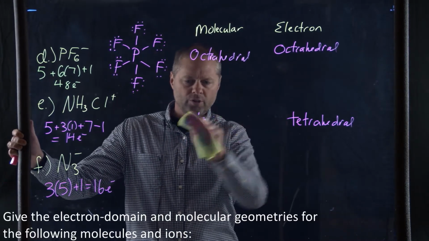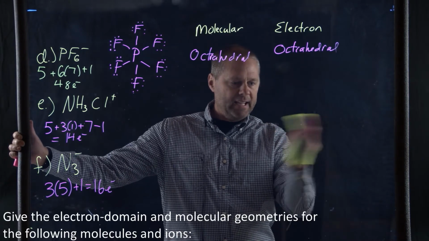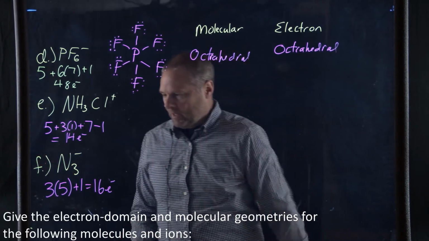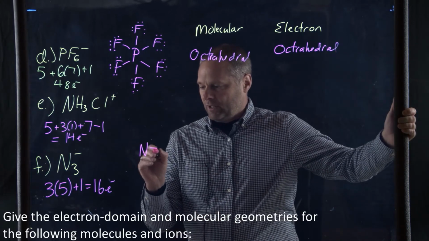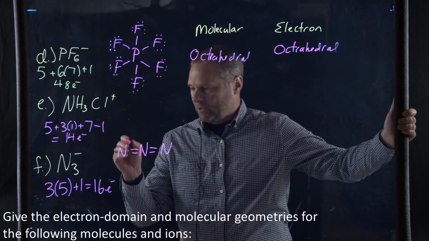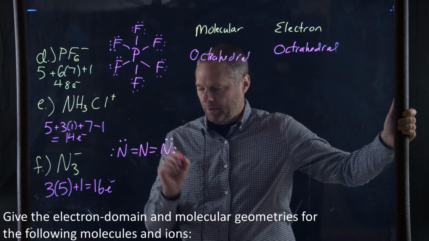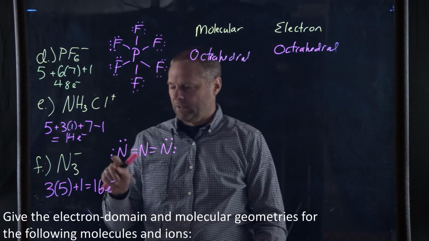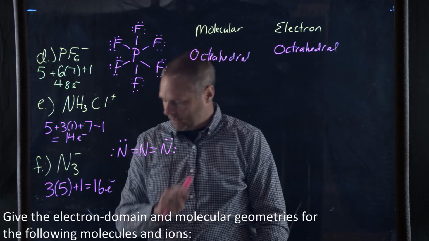Because there's a couple of structures we can draw with the azide anion. So one we can draw is nitrogen double bonded to nitrogen everywhere as such, and then there's going to be two electrons here, two there, two pairs, I should say. Now if we start counting the number of valence electrons, we have 2, 4, 6, 8, 10, 12, 14, 16.